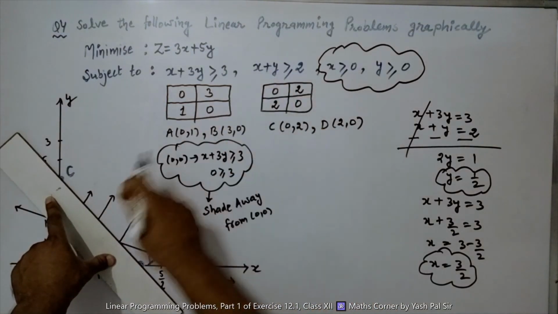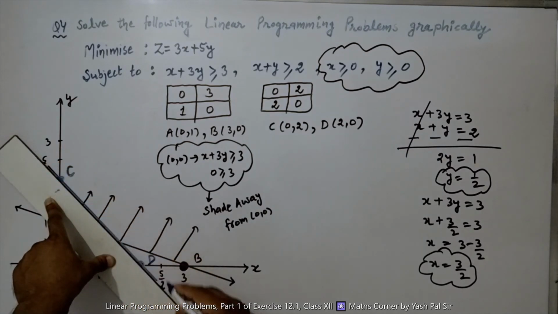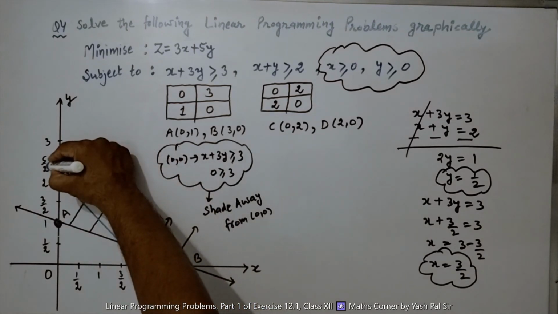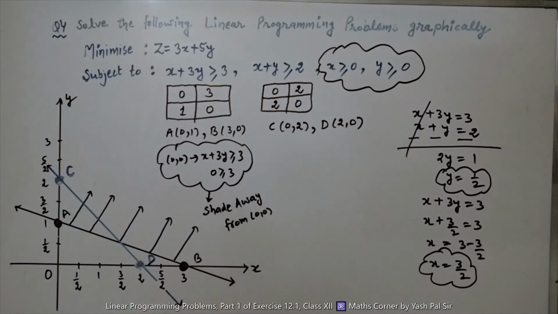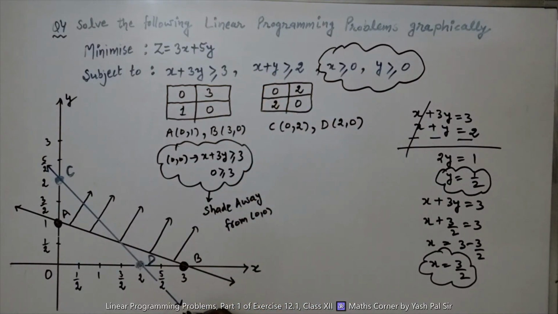We have to draw with a dark line because of this equal to sign. We also make arrow sign to both sides. Right? We also write the name of the line. The name of the line is x plus y is equal to 2. And the previous line was x plus 3y is equal to 3.